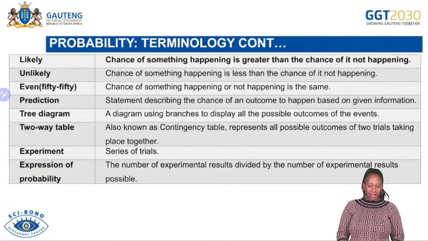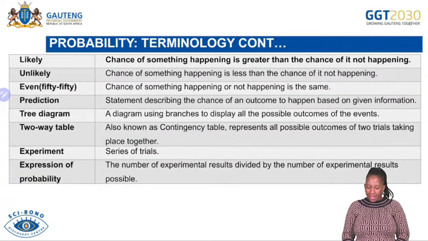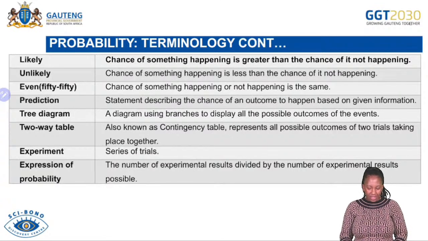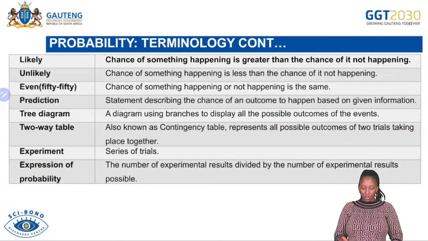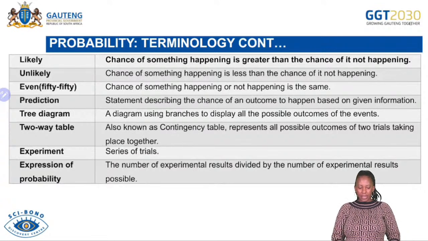We say with likely, the chance of something happening is greater than the chance of it not happening. So when you say something is likely to happen, that means there are greater chances of an event happening.